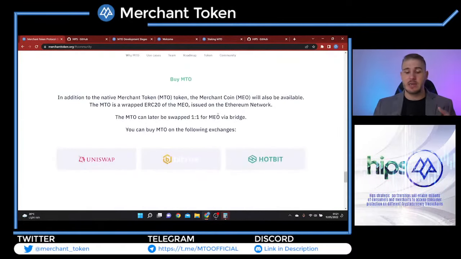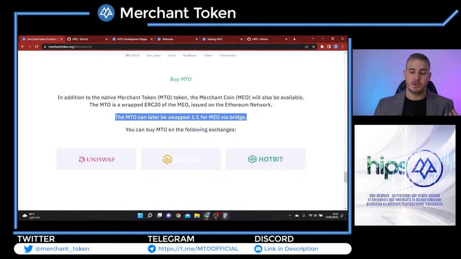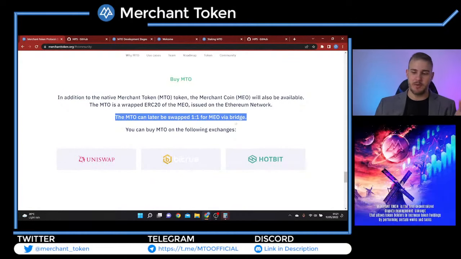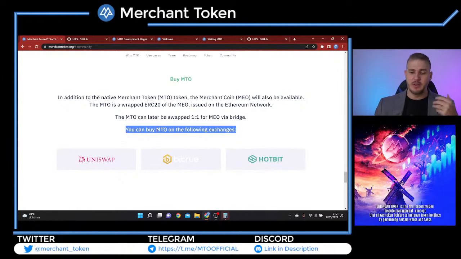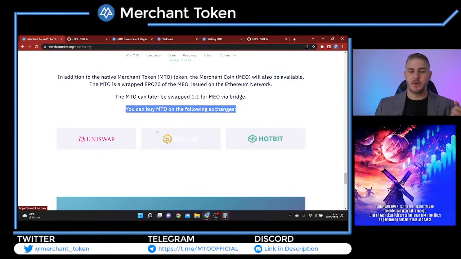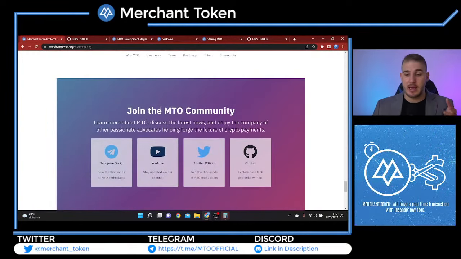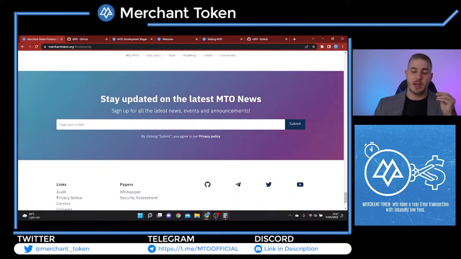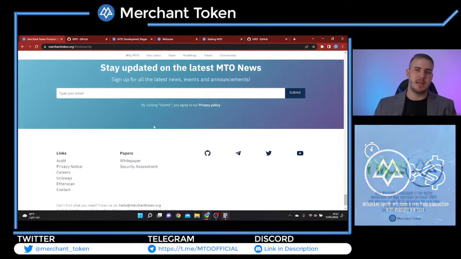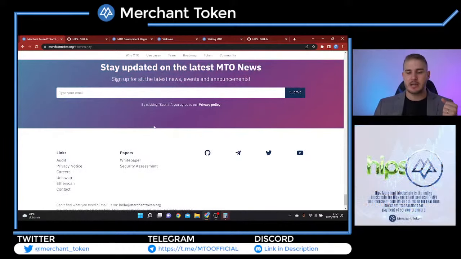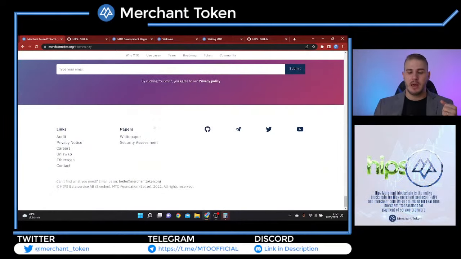And as you can see here, it is exchangeable or swappable one-to-one for MEO via a bridge. You can also buy MTO, as we discussed before, on the following exchanges, and you can join the MTO community here. You can also stay updated with your email here, and we will send you updates as soon as we have them for the project itself.